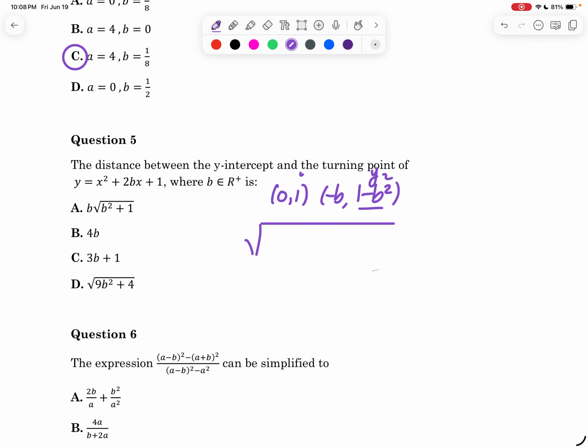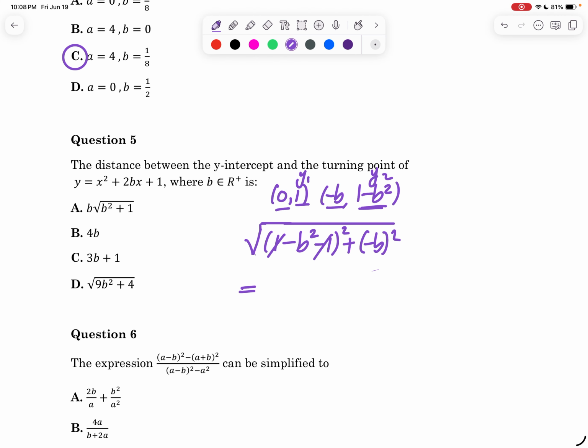y2 minus y1. So 1 minus b squared minus 1, that minus that, plus that minus that, squared.